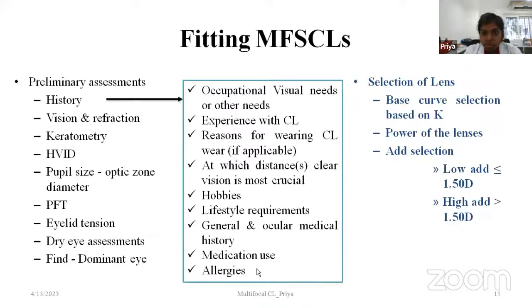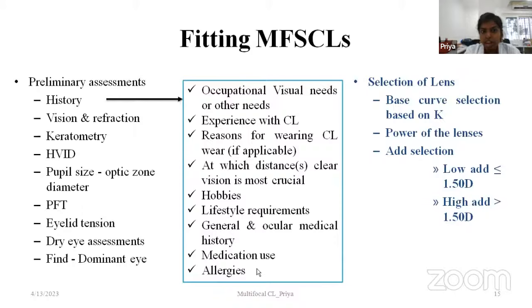Fitting multifocal contact lenses. Preliminary assessments to be made: history, vision and refraction, keratometry, horizontal visible iris diameter, pupil size, PFT, eyelid tension, dry eye assessment, and finding the dominant eye.